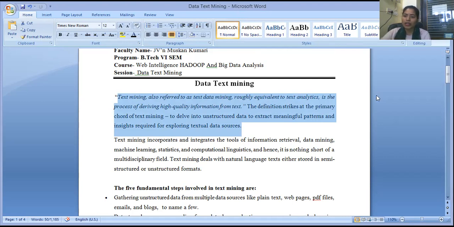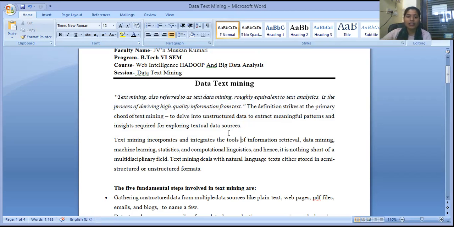So we extract the text and data from that set of information which has some specific meaning. Exploring that meaningful data, we find patterns through which we organize that data, isn't it?